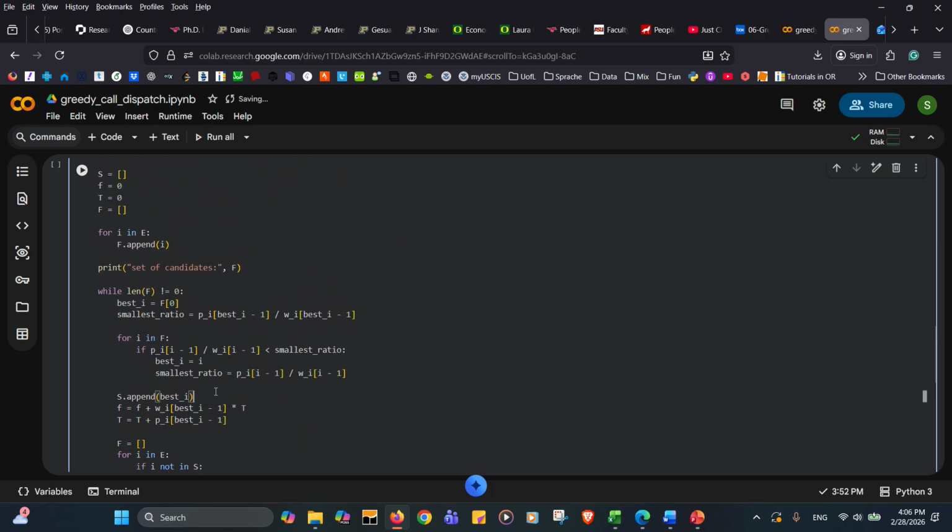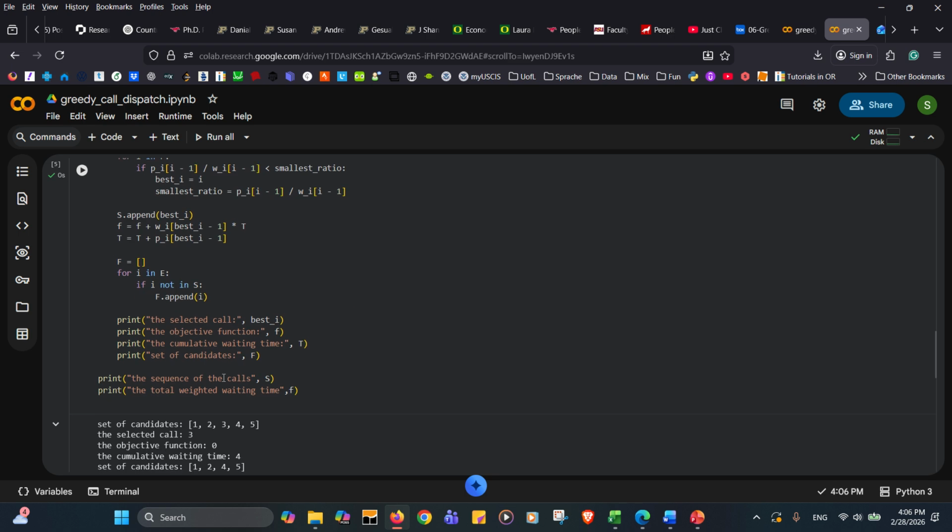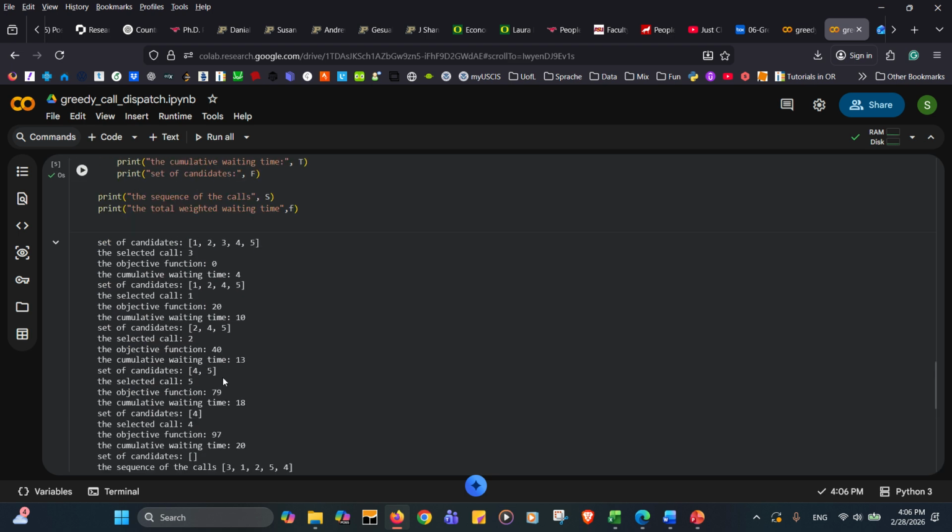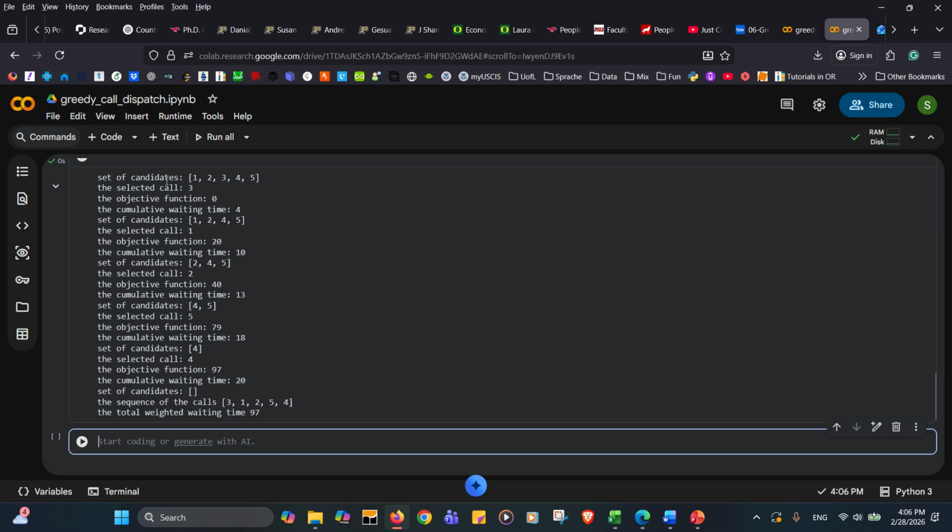So let me run this line of code again, and here is the solution. So at the beginning, the set of candidates includes all the calls 1 to 5, and the selected call is this time call number 3.